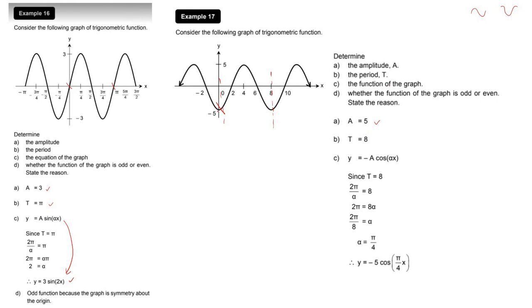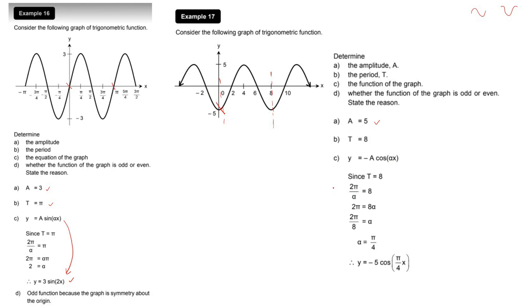Function of the graph. Okay, because the cos shape is upside down. Normally cos should look like this, a U shape or a smiling graph. This graph is a frown, upside down. So negative. y equals negative a cos alpha x. We know that the amplitude is 5 from the graph, but we do not know the value for alpha. We can get alpha from period.